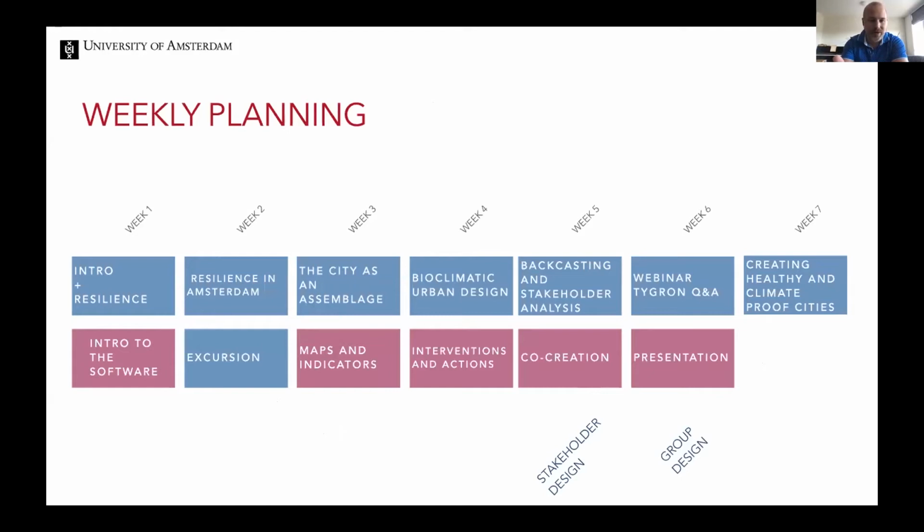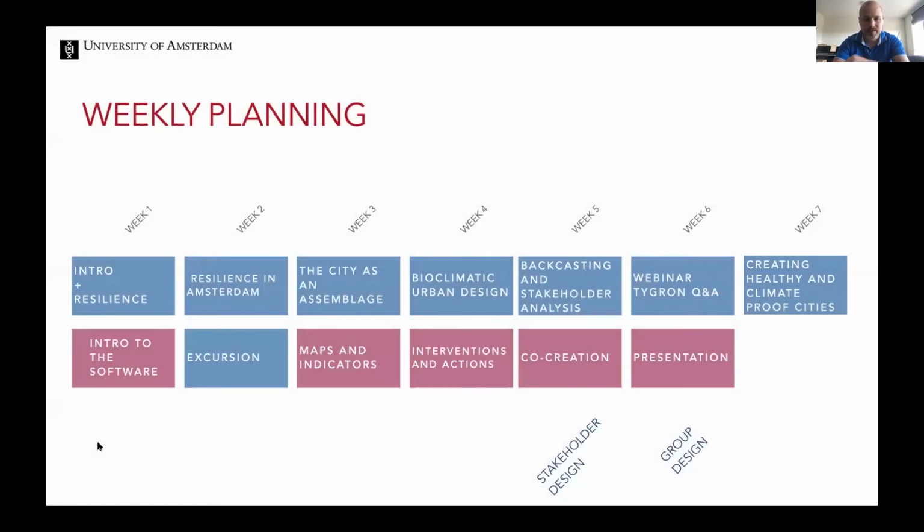So this was our weekly planning, first introduction, and in the red you see the Tygron tutorials. So we had an intro to the software, we discussed maps and indicators, then we worked more towards directions of how to put in interventions and actions. Then we had a co-creation session, and the idea was then to have a presentation.